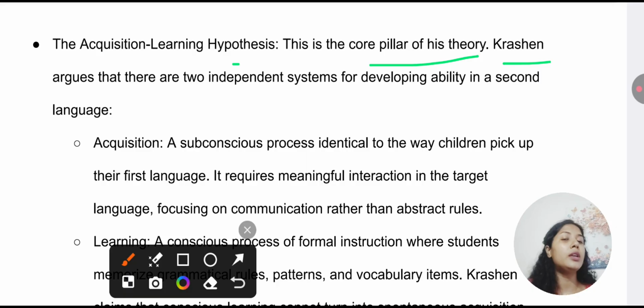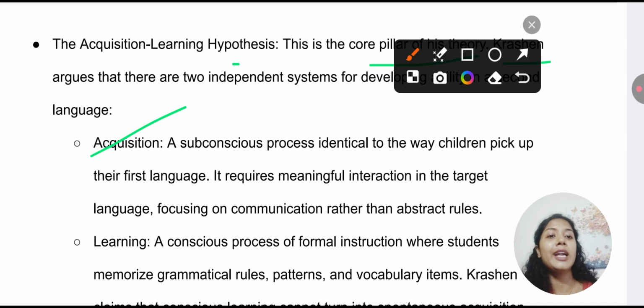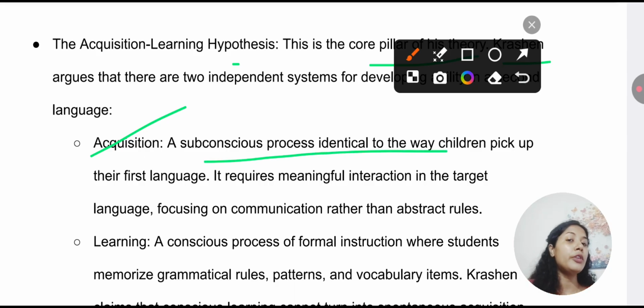If I am learning a foreign language, that will be called our second language, okay, except for our mother tongue. So acquisition is important. That means a subconscious process identical to the way children pick up their first language, the mother tongue. It requires meaningful interaction in the target language, focusing on communication rather than abstract rules.